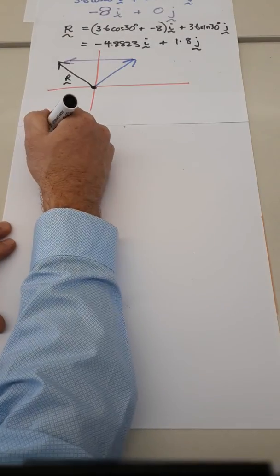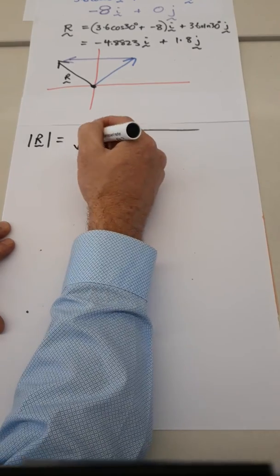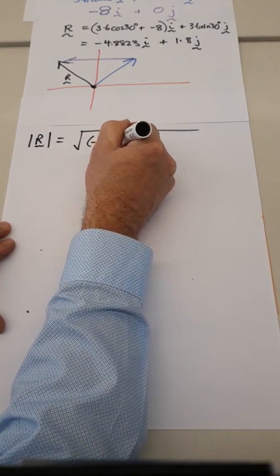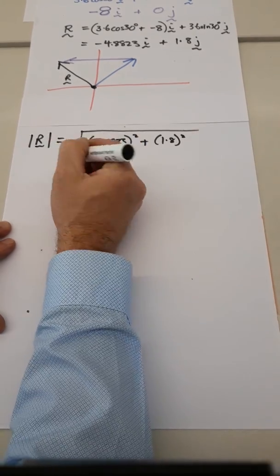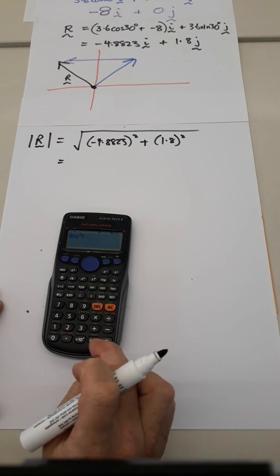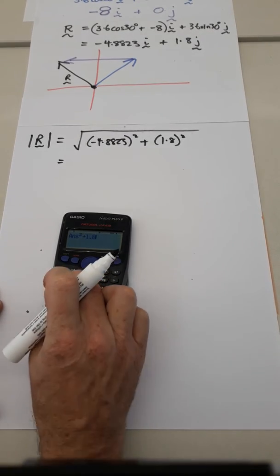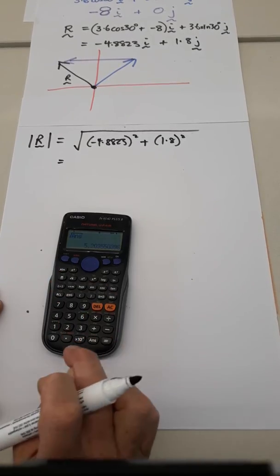So the size of this vector is the square root of the x component squared plus the y component squared. So I've just got to square that, plus 1.8 squared, and then square root that.